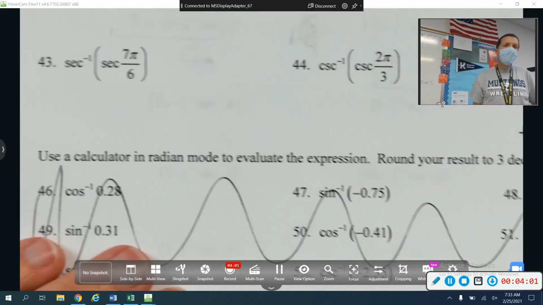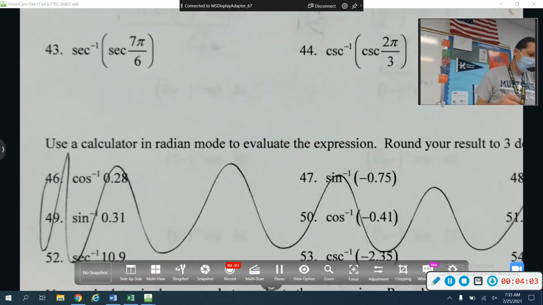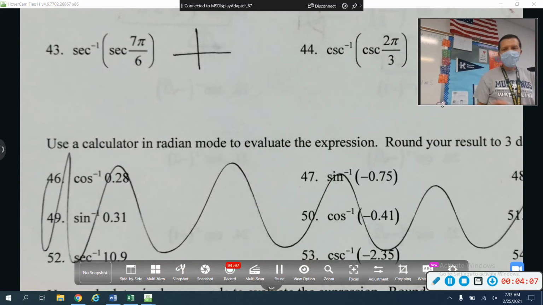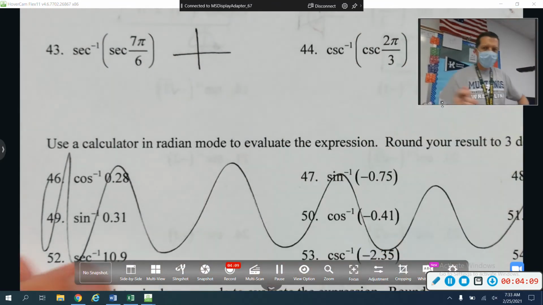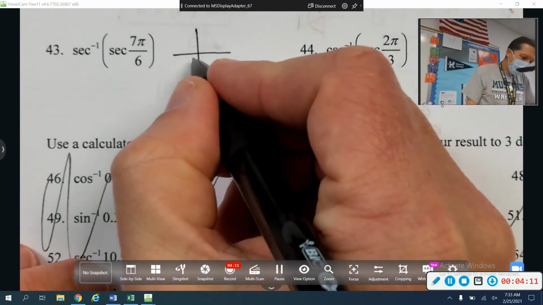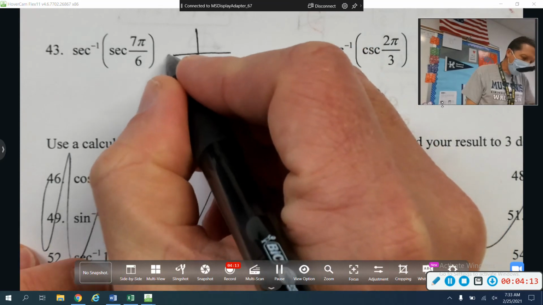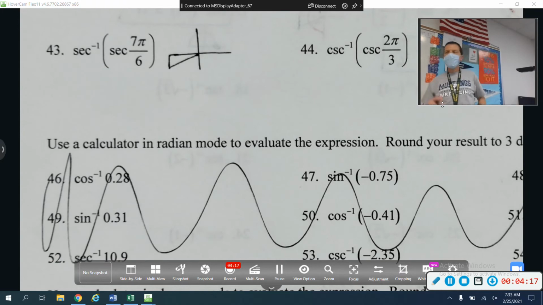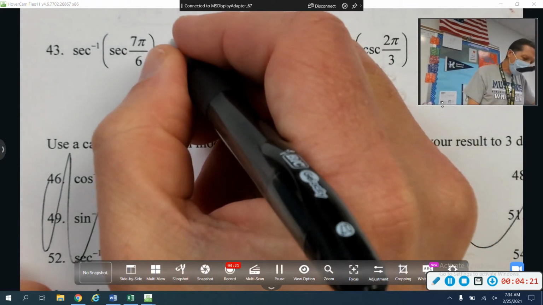Inverse secant of the secant of 7 pi over 6. Secant 7 pi over 6. Let's see, that's right there. Secant goes with cosine, flip of cosine. Cosine is the x coordinate.